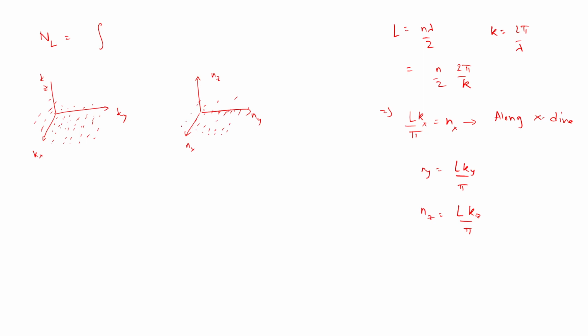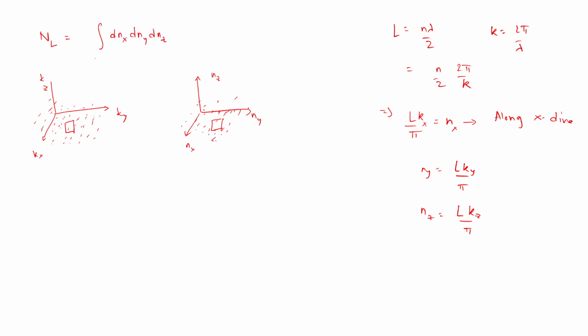Now we'll consider a small volume in the k space, or equivalently in the space of n, or the number of states. In the first octant, we have to take dnx, dny, dnz.